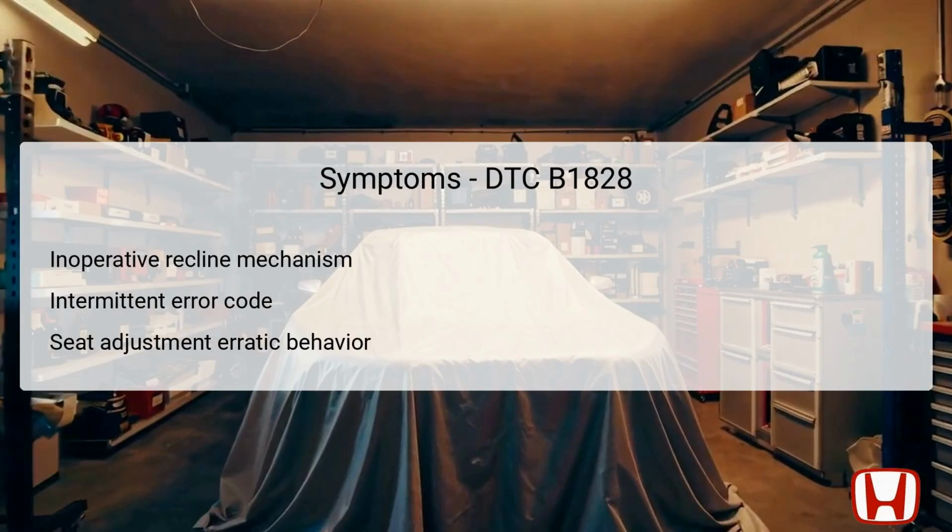Furthermore, erratic behaviors may include the seat adjusting unpredictably or stopping midway during adjustments, adding to driver discomfort and potential safety hazards. Early diagnosis of these symptoms can ensure timely repairs and maintain the vehicle's functionality and comfort.